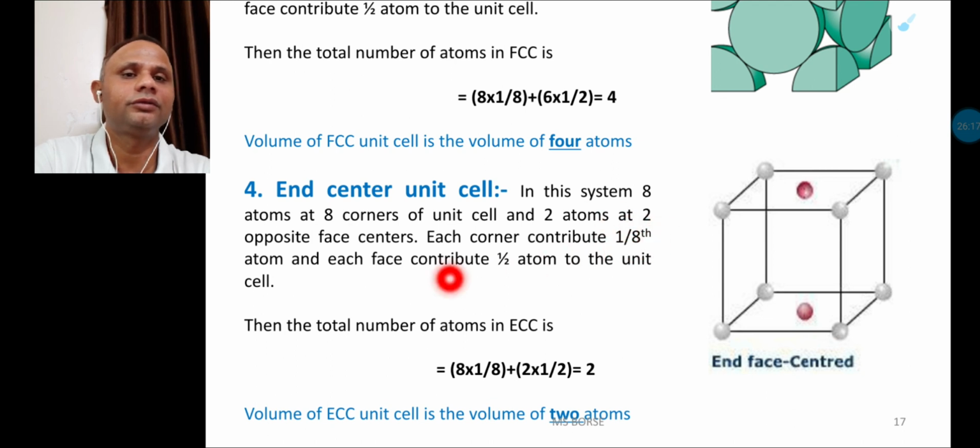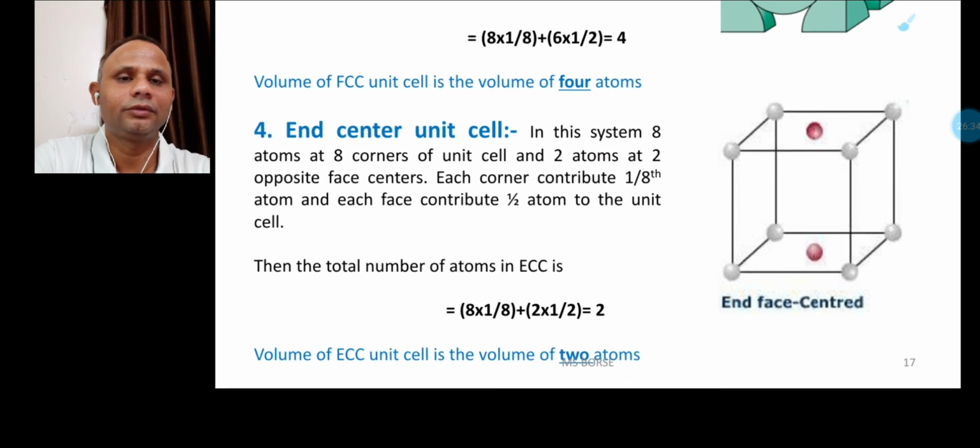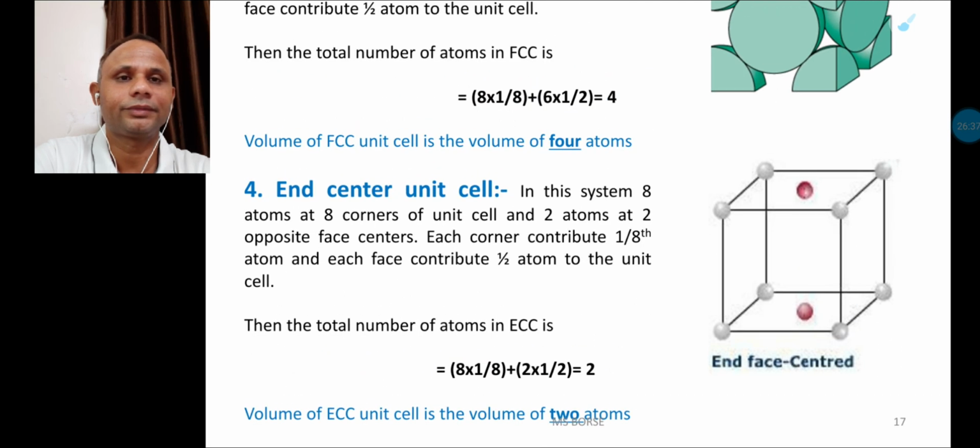So the total number of atoms present in the end face centered unit cell is equal to 8 into 1 by 8 plus 2 into 1 half. There will be 2 atoms present in the end centered unit cell. So according to the statement, the volume of the end centered unit cell will be the volume of 2 atoms.